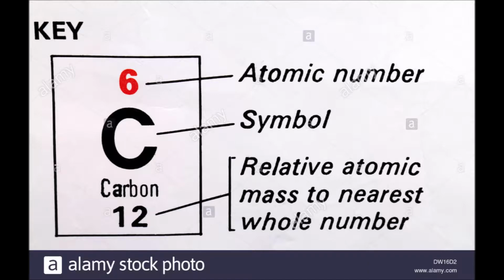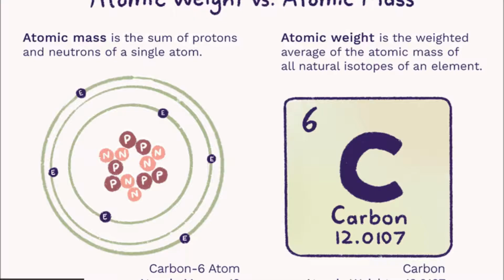And some periodic tables give us that mass number of 12 flat. But then we look at another periodic table of elements and we see something a little bit different. Welcome to the relative atomic mass.